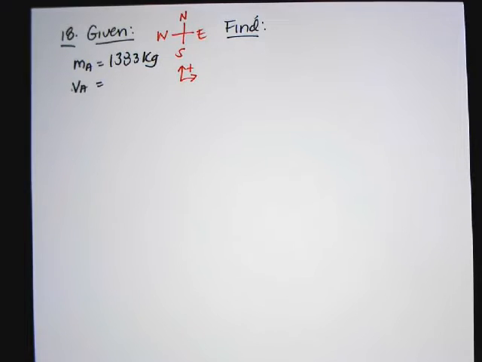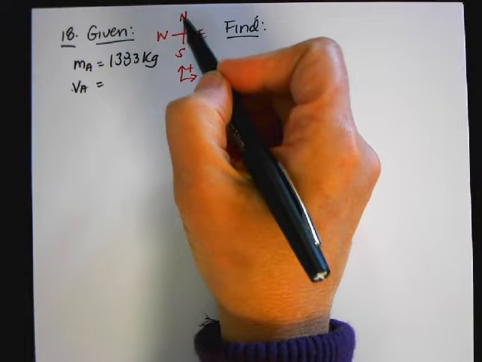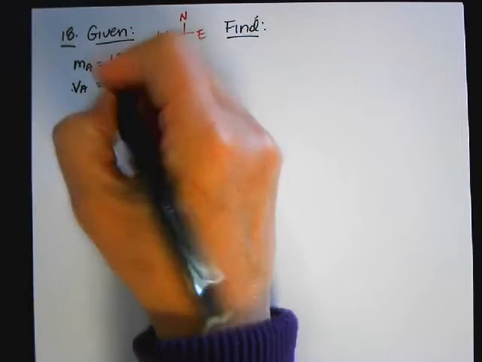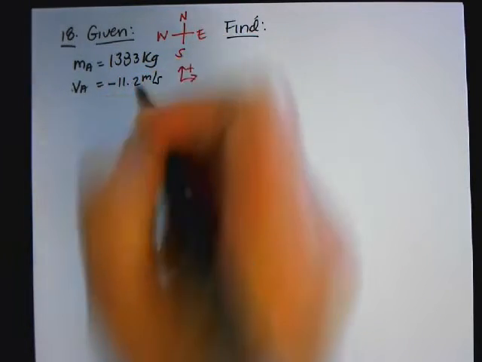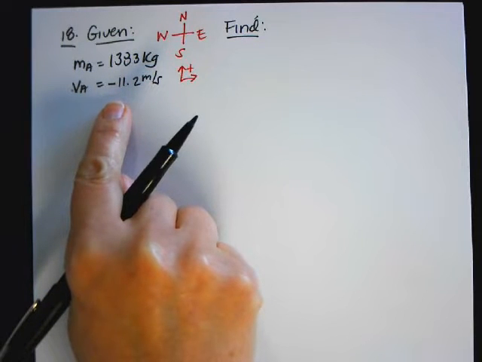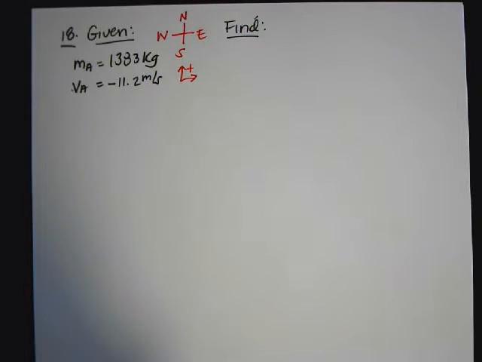So the velocity, if north is up, south would be down. So my velocity is going to be negative 11.2 meters per second. And this is important because velocity is a vector quantity, has both magnitude and direction. Momentum is a vector quantity, and it has both magnitude and direction.